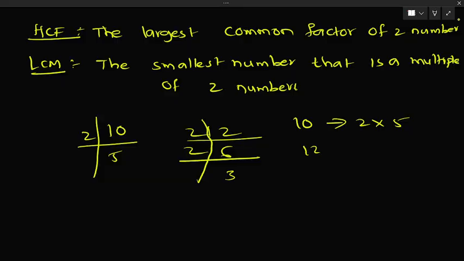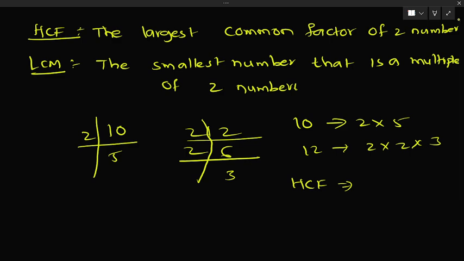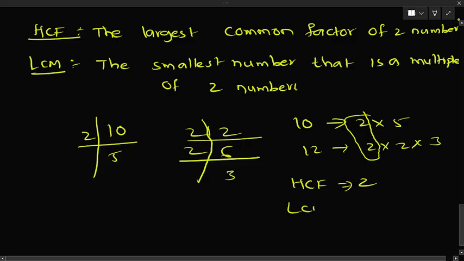What about 12? 12 is written as 2 into 2 into 3. So here what I said, HCF means the largest common factor of two numbers. Here, what is that largest common factor? Of the common factors, the largest is only 2. So HCF is 2.